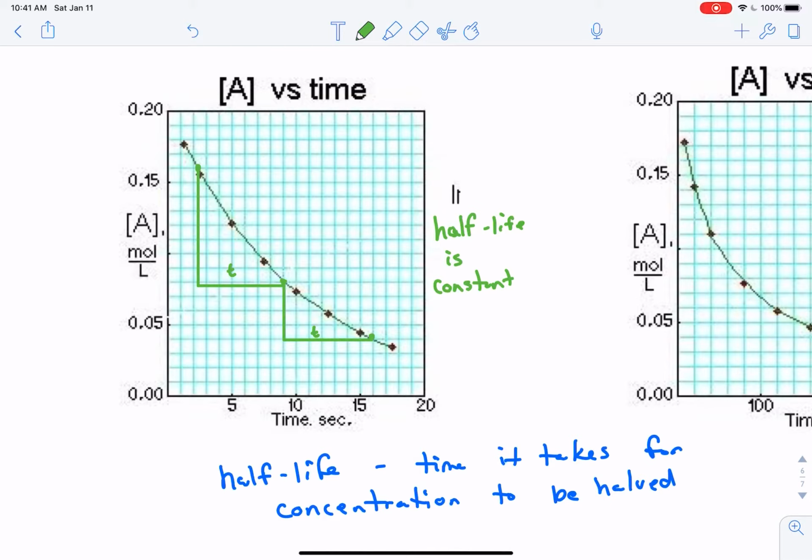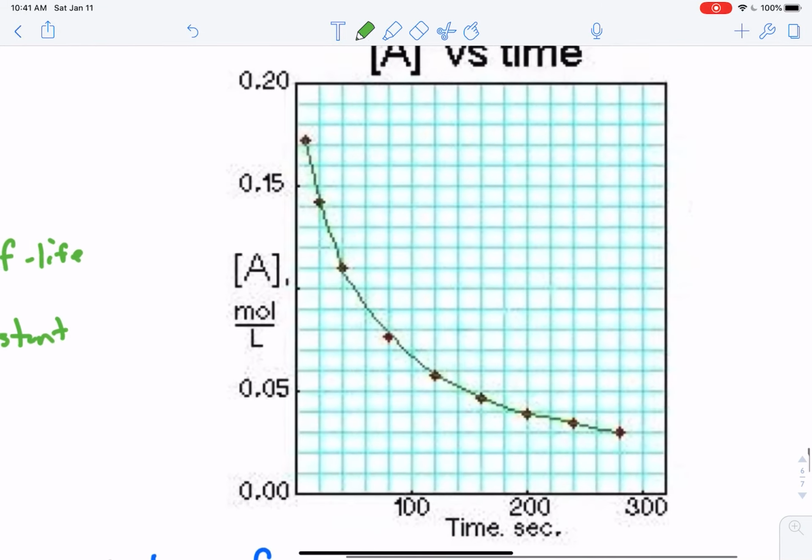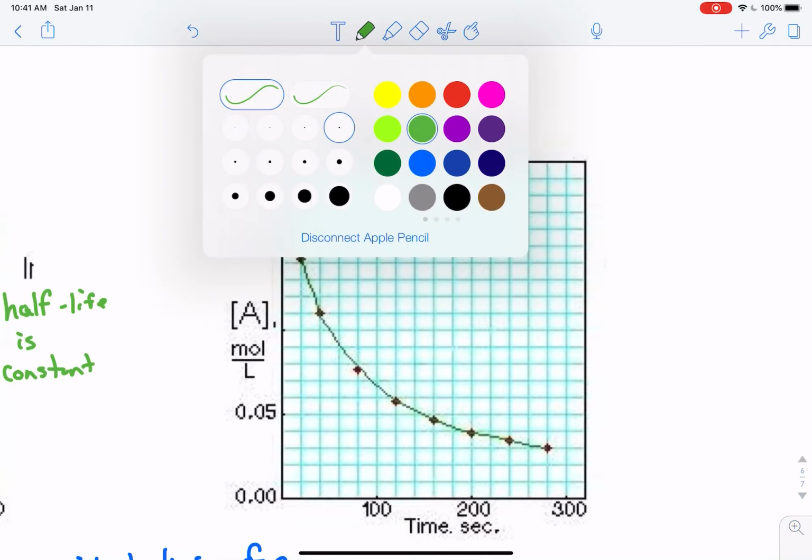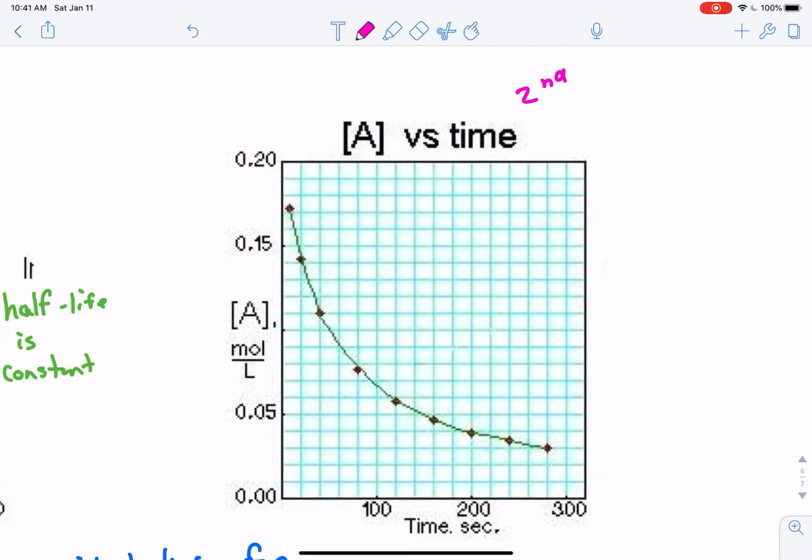Because my rate changes more quickly than my concentration does. And so with this in a second order, the half-life will actually increase as you get smaller and smaller.